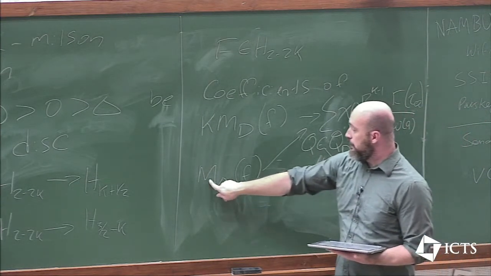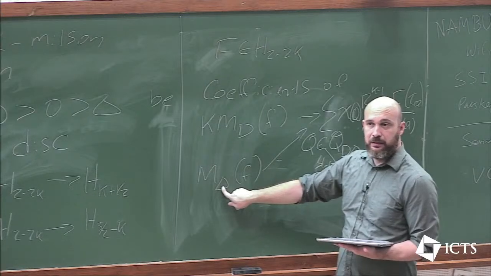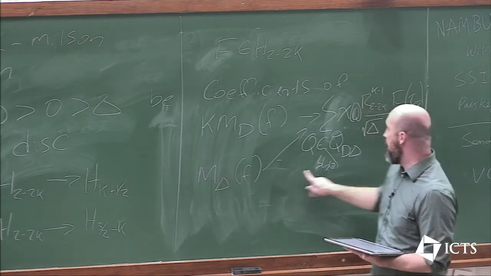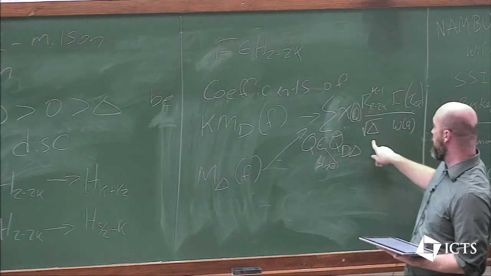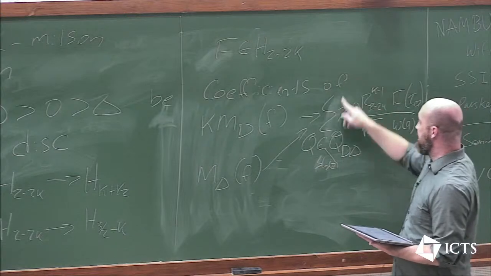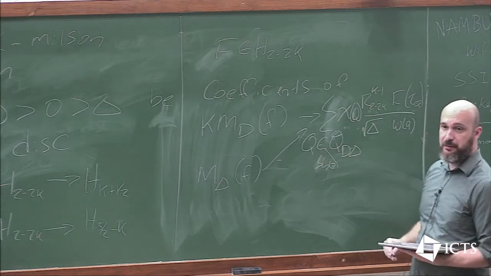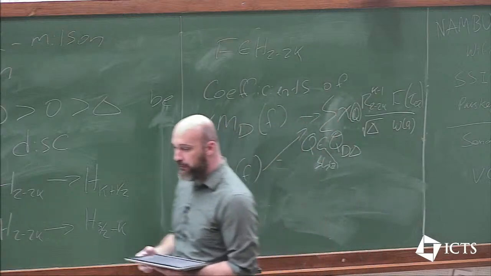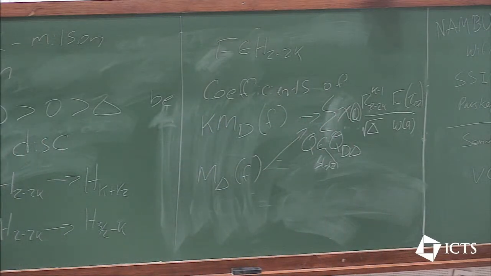On the other hand, when I do the Millson lift with delta, the lift depends on delta, and I'm looking at a coefficient that corresponds to capital D, but I get the same formula up to a sign. So this is a realization of this duality that we talked about that you can see with the Bruinier and Funke pairing. That pops out here from these lifts as well. The same formula, they're just varying in sort of orthogonal directions.